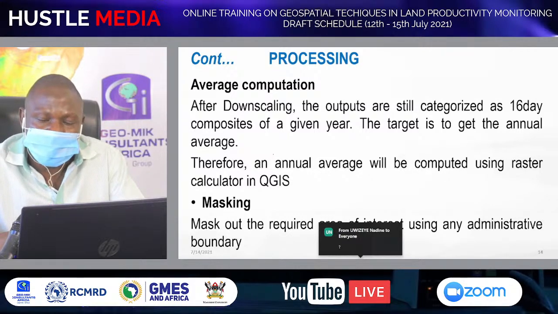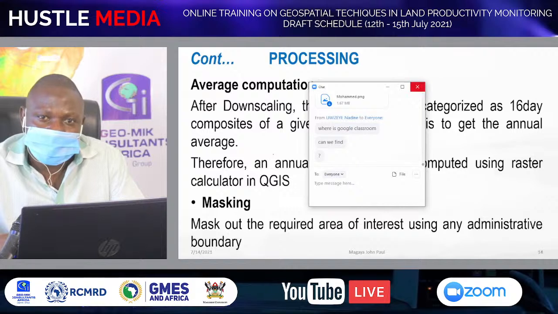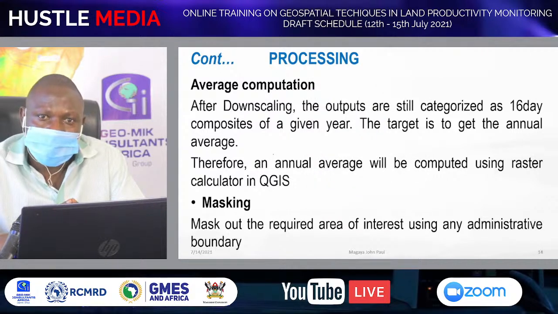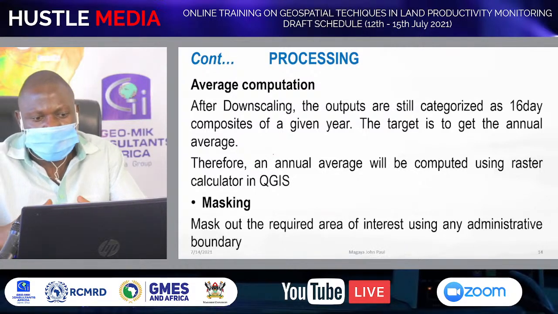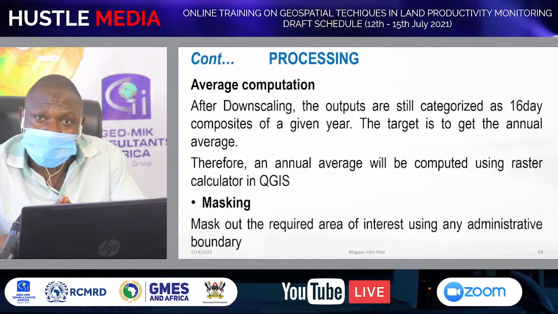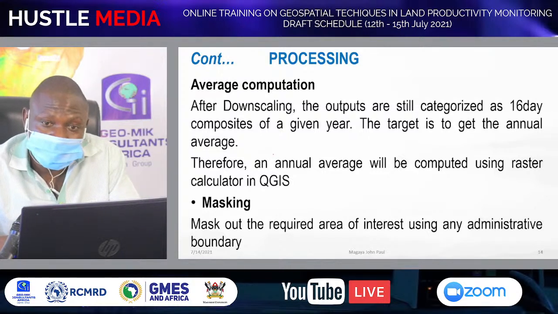You do all the processing with the help of the GUI interface. Then you do the downscaling, the averaging, then you give me a final map with its statistics, the legend, and all the components of the map. But please note, this downloading will take time.